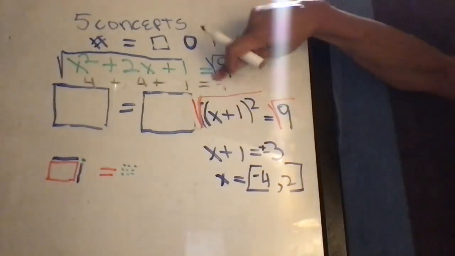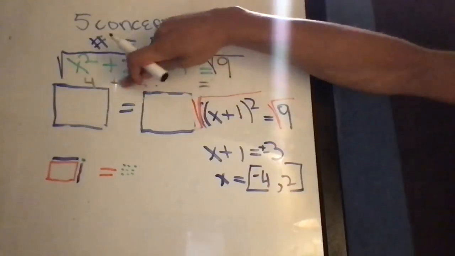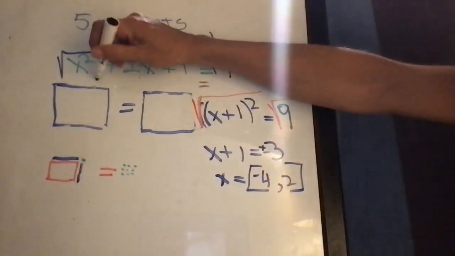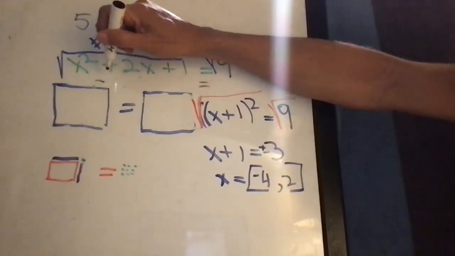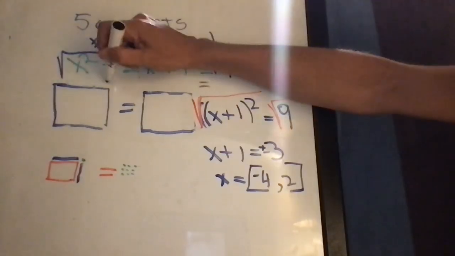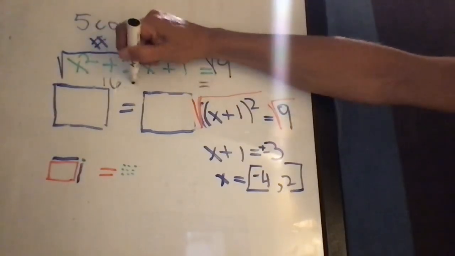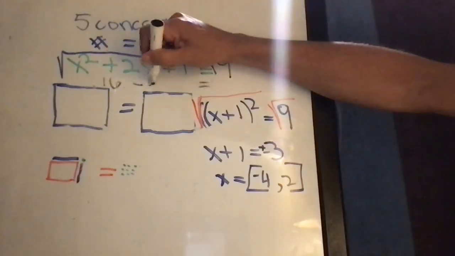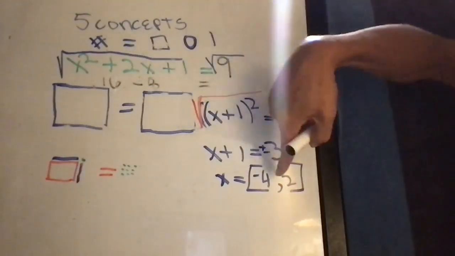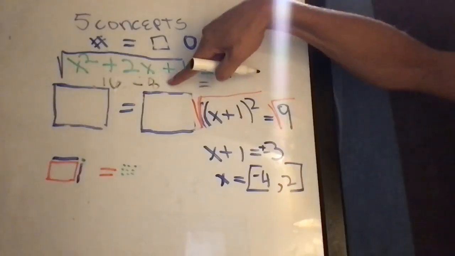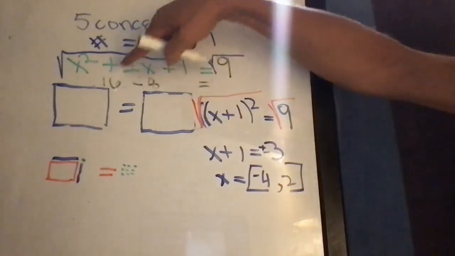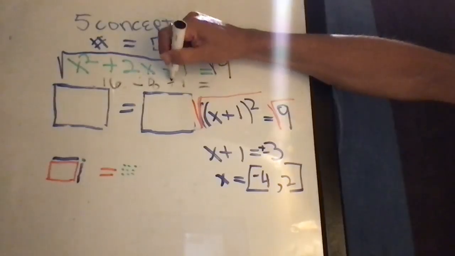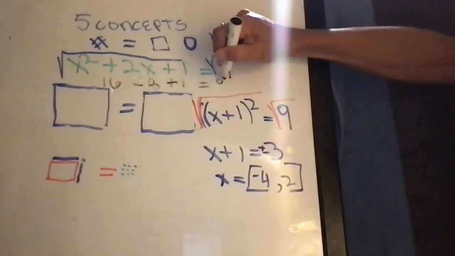Or I could do the other one, my favorite, my more fun one. -4 times -4 is positive 16, minus 8, because 2 times -4 is -8, right? Plus the -8 plus 1 is 9.